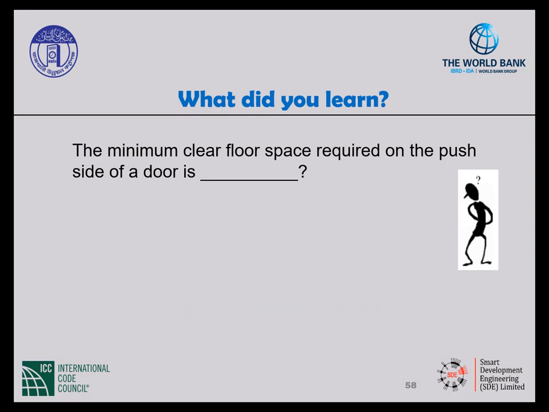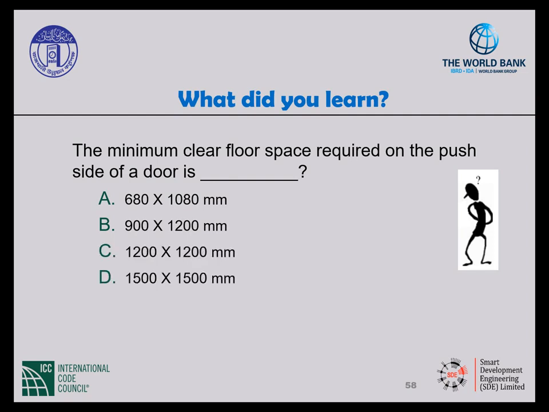What did you learn? The minimum clear floor space required on the push side of a door is 680 by 1080 millimeters, 900 by 1200 millimeters, 1200 by 1200 millimeters, 1500 by 1500 millimeters.